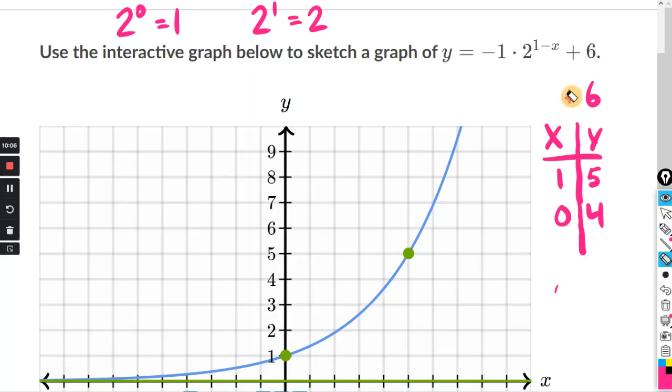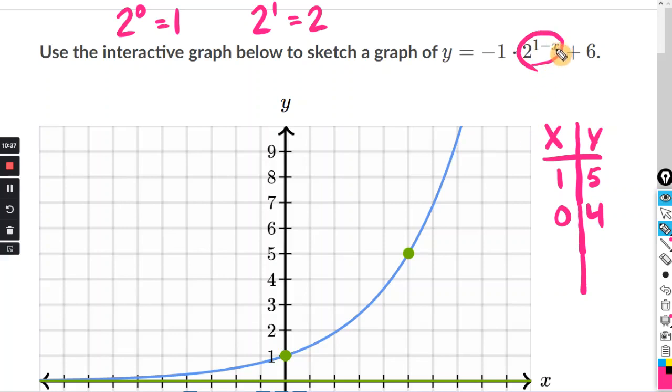And then finally, we want to find the lowest or highest point that it can be, like the asymptote. As x gets more and more negative, it's minus a negative, so this becomes larger and larger. But if the exponent gets more and more negative, then this whole thing becomes closer to 0.